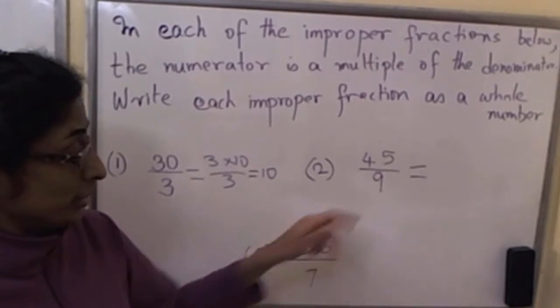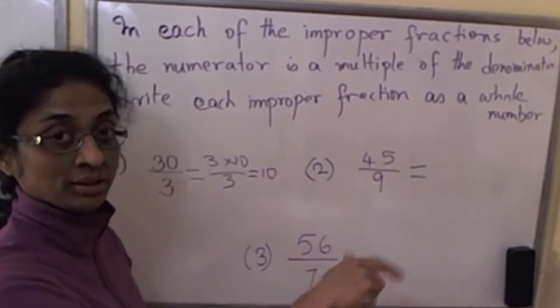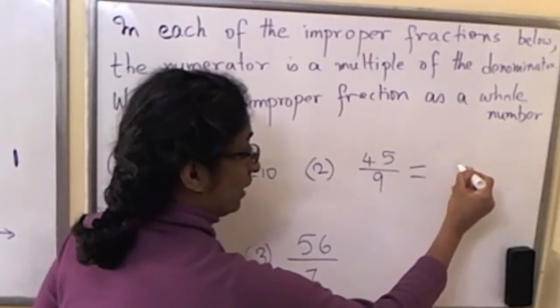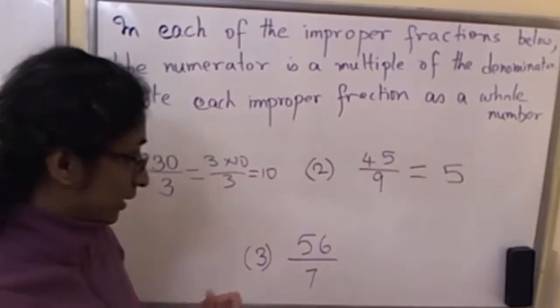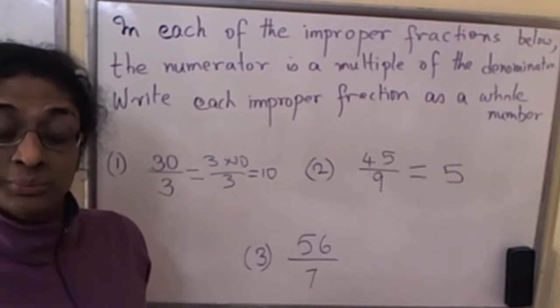So 45 over 9, let's count in nines. 9, 18, 27, 36, 45. So that's 5. And 56 over 7, let's count in 7s.